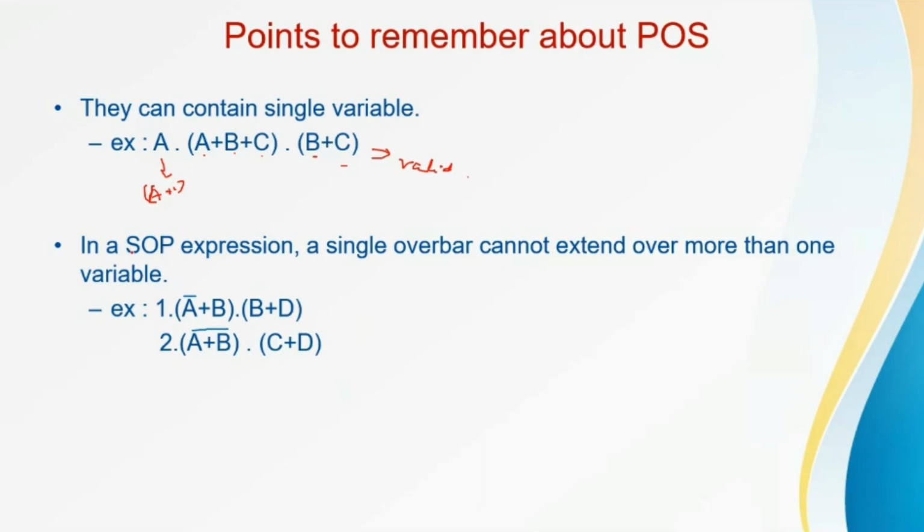If we turn to the next point, here also the same as SOP, this applies to POS. In a POS, a single overbar cannot extend over more than one variable. For example, if you see A bar plus B times B plus D, this bar is only for A, right?